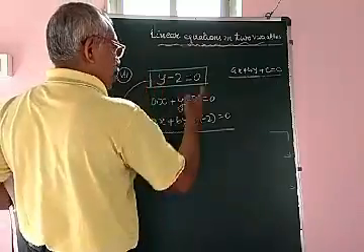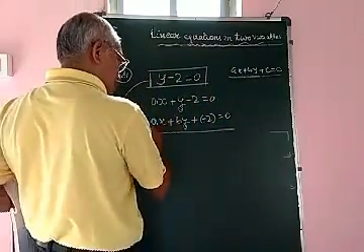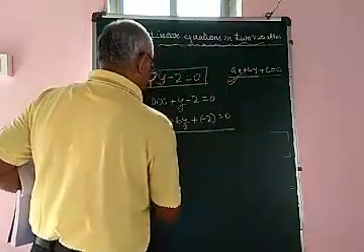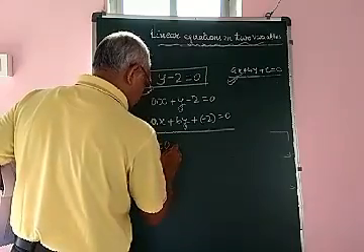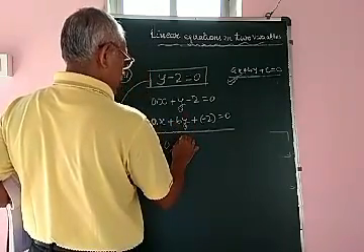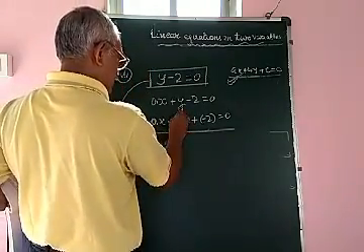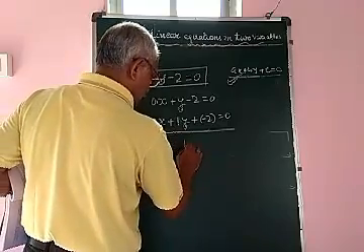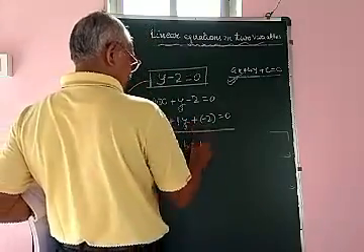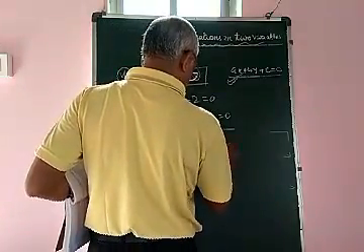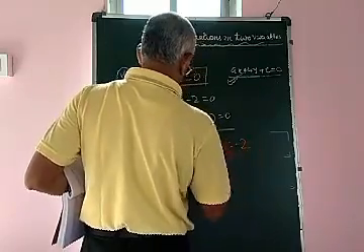Here, on comparing this equation with this, we find that a is equal to 0, b is equal to 1 and c is equal to -2.